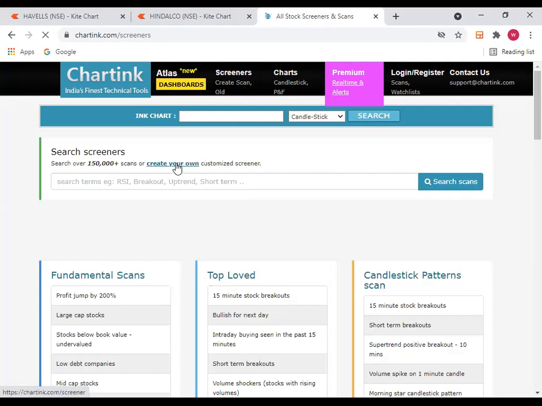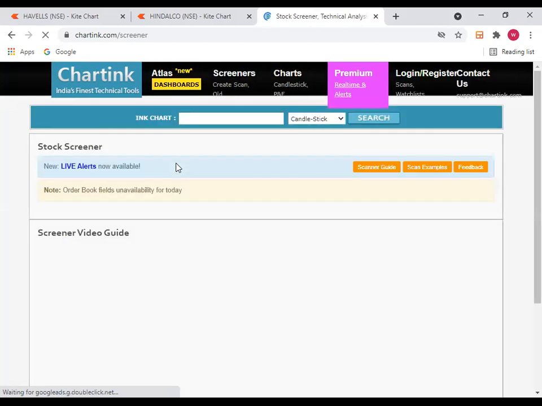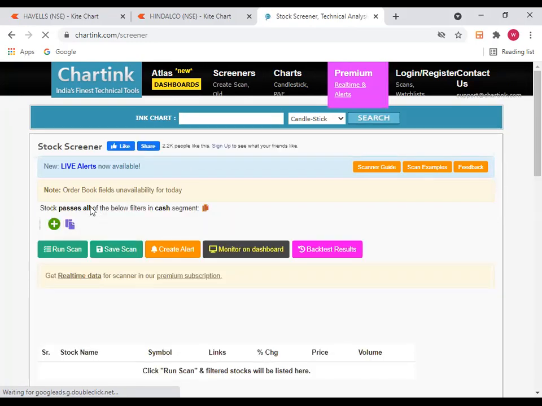Okay. Click. Afterwards, we can create our customized scanner. Already I am having the codes for this scanner. I will just paste the codes. Here you need to paste the codes.